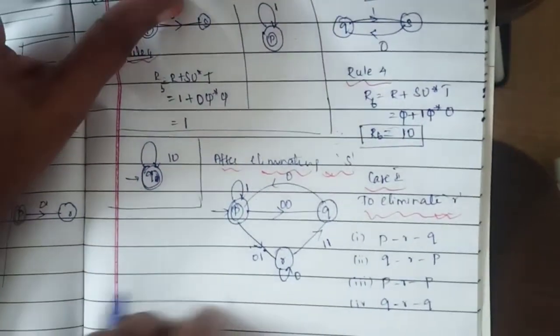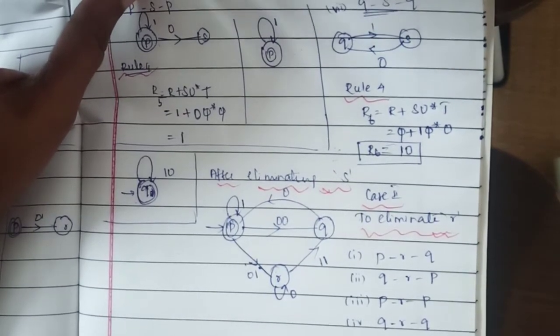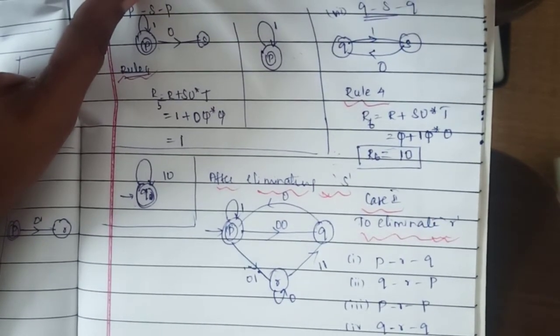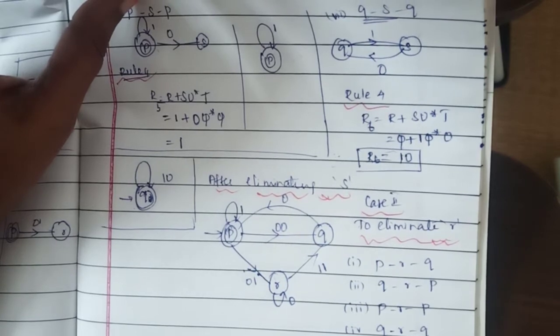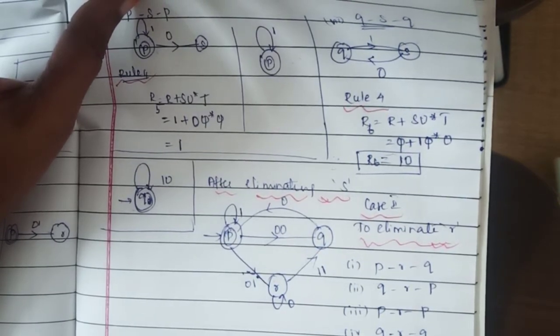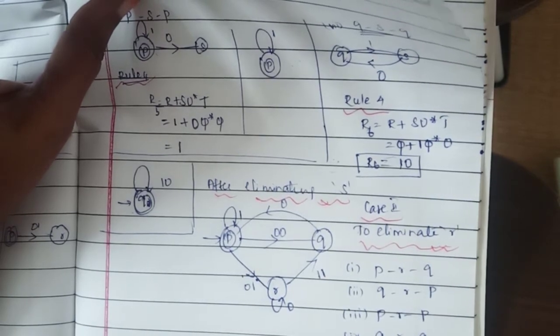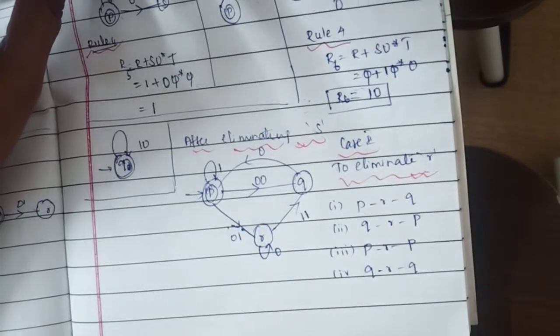So these are the possible cases to be eliminated. So when you have this one, right, after 4 possible cases have been found out, the state eliminated is R. Okay, R will be completely eliminated. So this is the one.